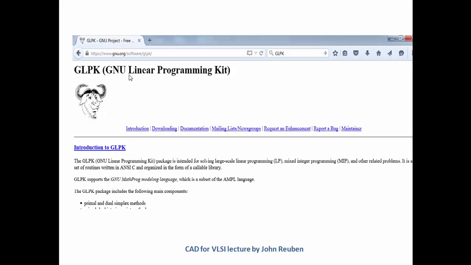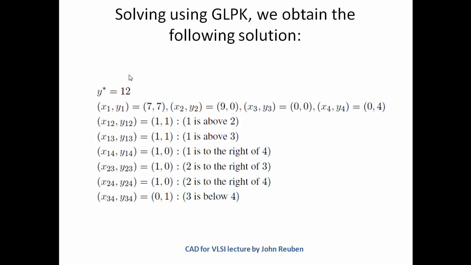So when this problem which we have just seen was given to a GLPK kit, we obtained the following solution: the minimum height of the floor plan, y star, comes to be 12, and these are the values we got for the variables. Remember, x1 y1, x2 y2, x3 y3 and x4 y4 are all variables.